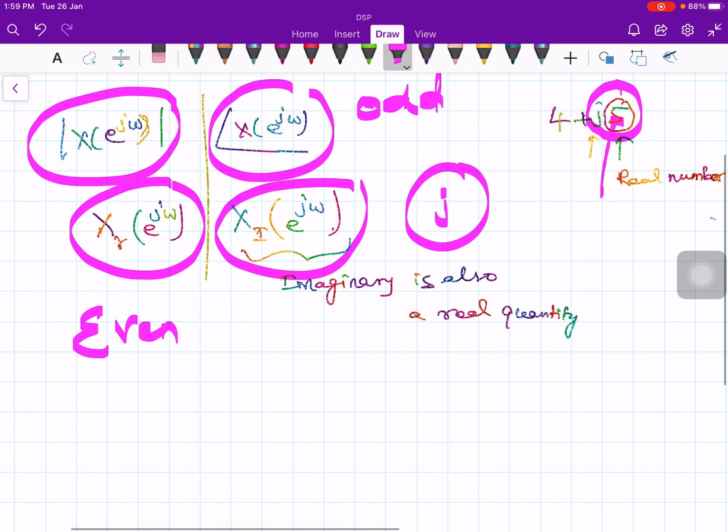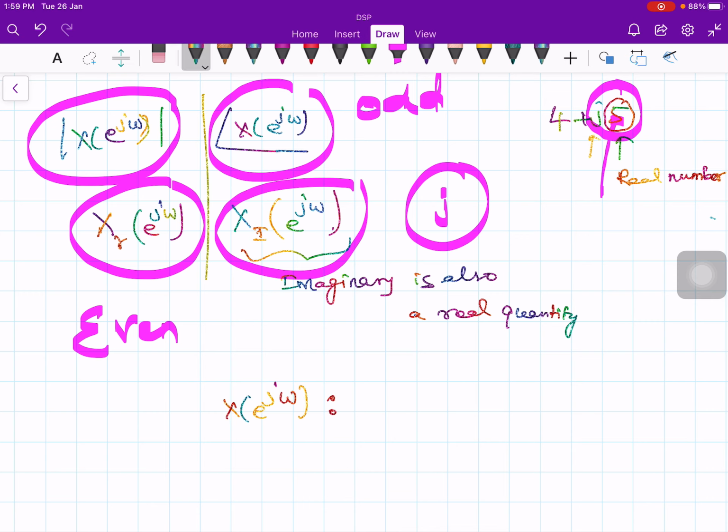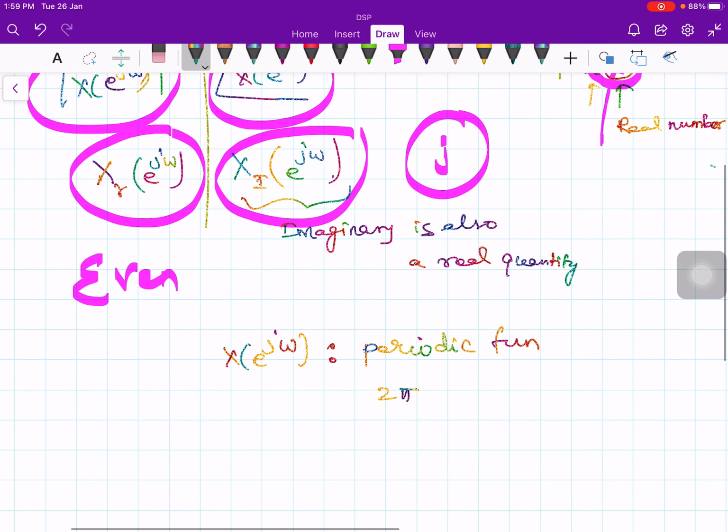The other point that we made is that X of e to the j omega is a periodic function with a period 2 pi, and that is the reason why we concentrate on minus pi to plus pi, our principal range, principal domain.